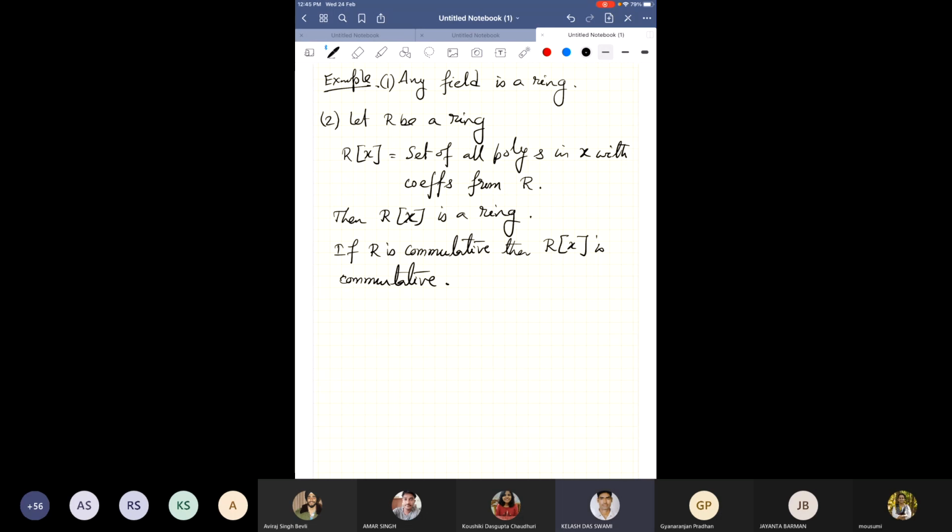Ma'am, coefficients from real number or any other set, from which set? The coefficients are from the ring R that I am starting with. Okay, ma'am.